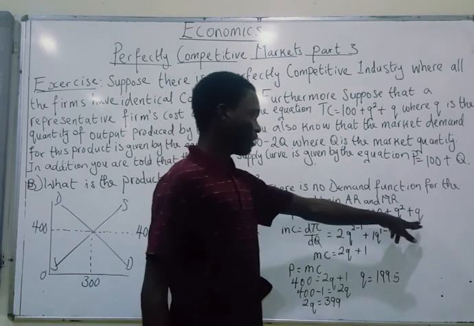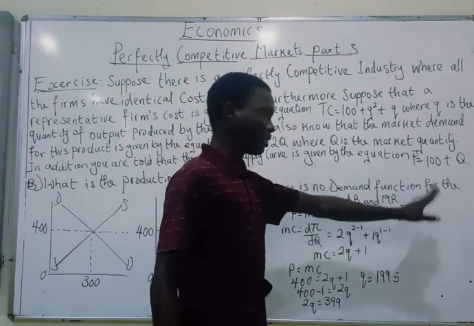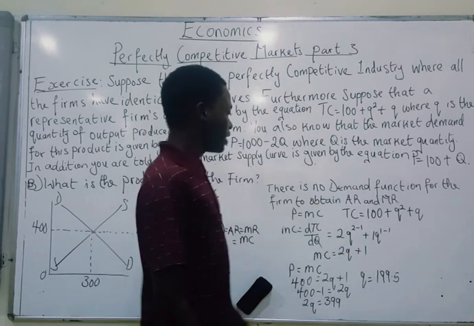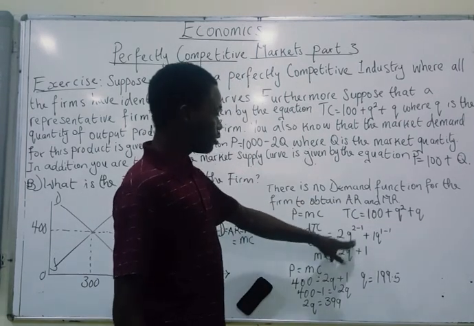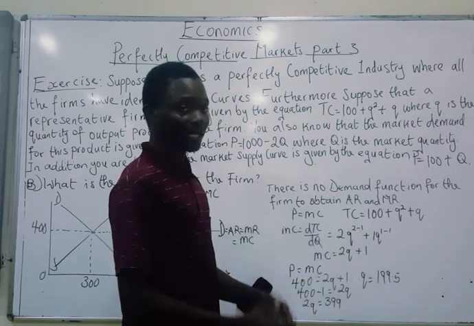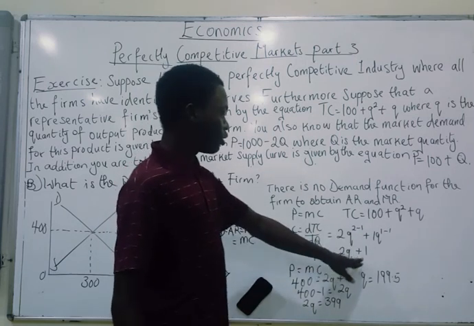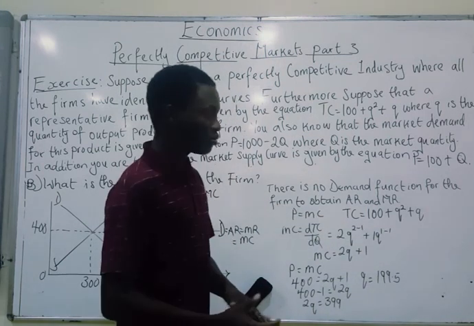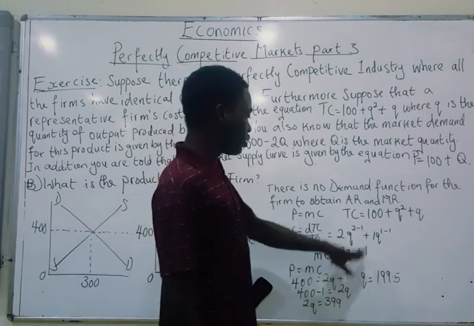Then for Q, which is raised to 1, we bring the 1 down, then Q raised to 1 minus 1, that is Q raised to 0, and anything raised to 0 is 1, except 0 itself. So we have 2Q plus 1.